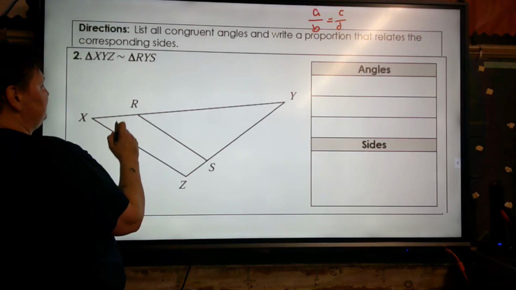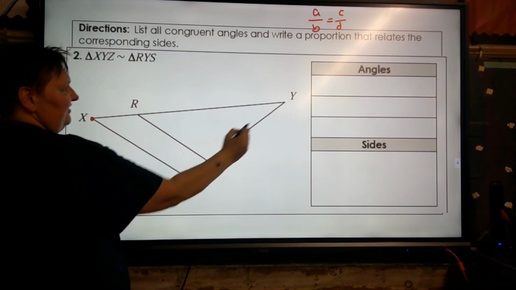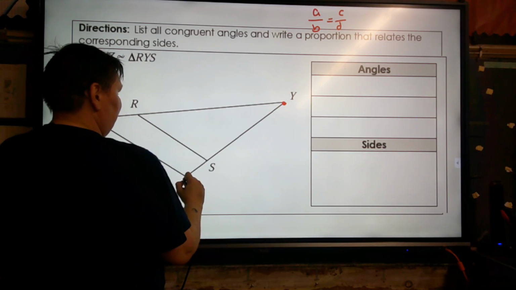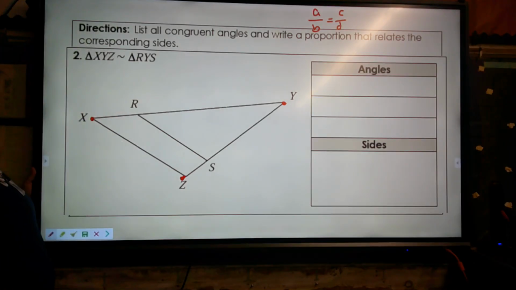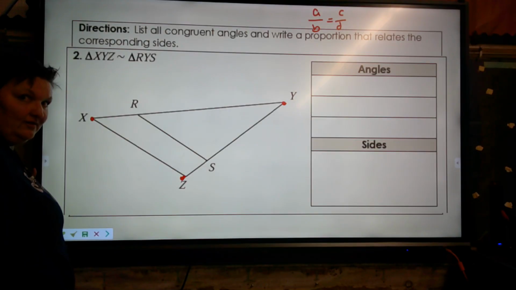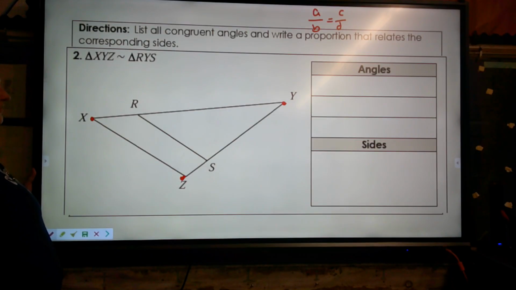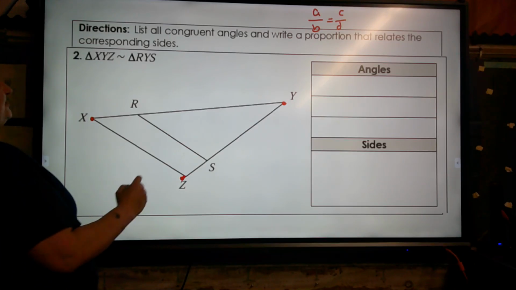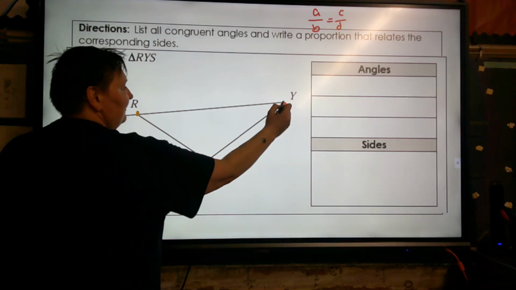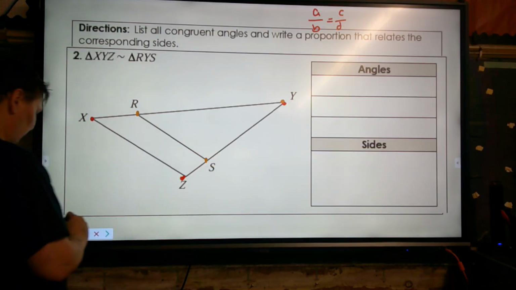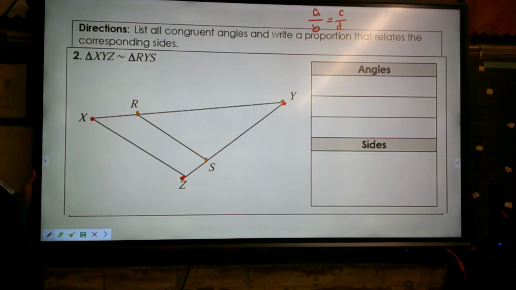We're starting with XYZ, which is this one. Looks like we're starting with the bigger triangle. And then we're similar with RYS, which is the smaller one. So we're going bigger to smaller. Good to know.